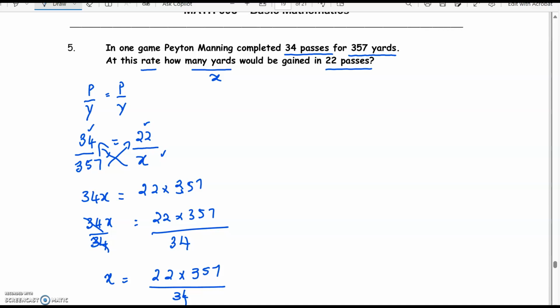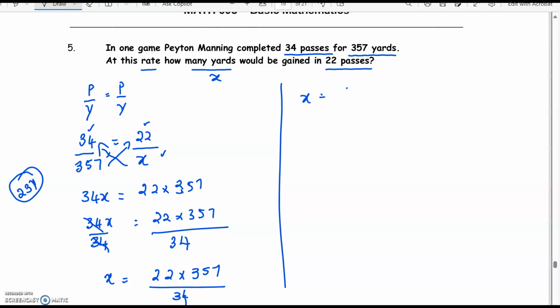So we have 22 times 357 divided by 34. So let's make sure that we get 231.